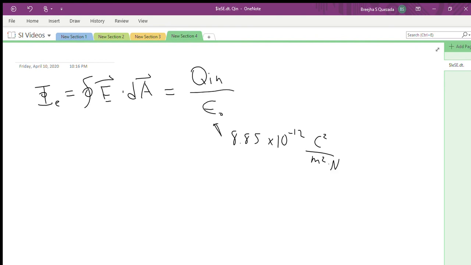This really brings our relationship and our knowledge of these different terms all together, because it's relating the E fields with the charged particle inside and the permittivity constant as well. It should be noted that this Q net is the net charge inside the Gaussian surface.